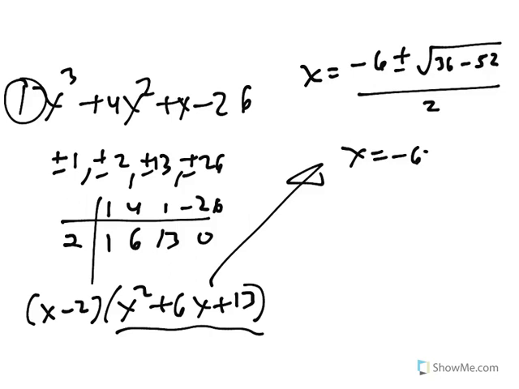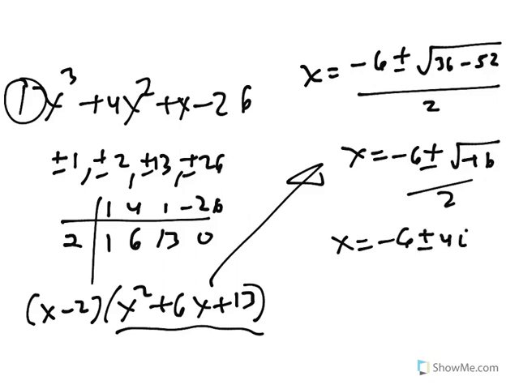X equals negative 6 plus or minus the square root of negative 16 over 2. X equals negative 6 plus or minus 4i over 2. X equals negative 3 plus or minus 2i.